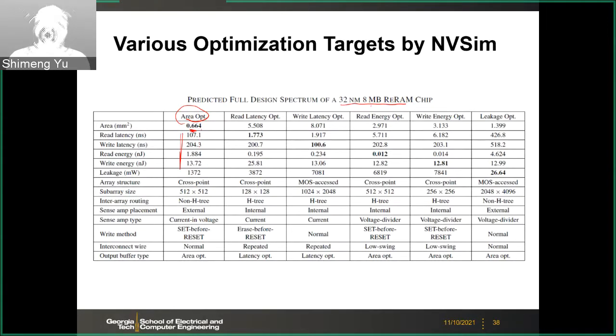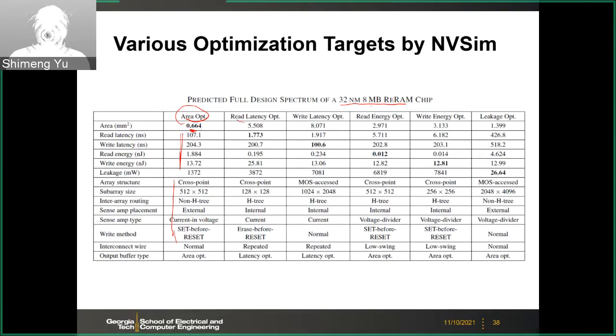Your latency may be hundreds of nanoseconds. And here are the design choices you need to make to reach this smallest area. You need to use a cross-point array. Subarray size needs to be large. You need to use non-H-tree. That means you have to share the sense amp and use external sensing. And also for the sense amp, you have to use current mode. So if you do that, then you get this smallest area.